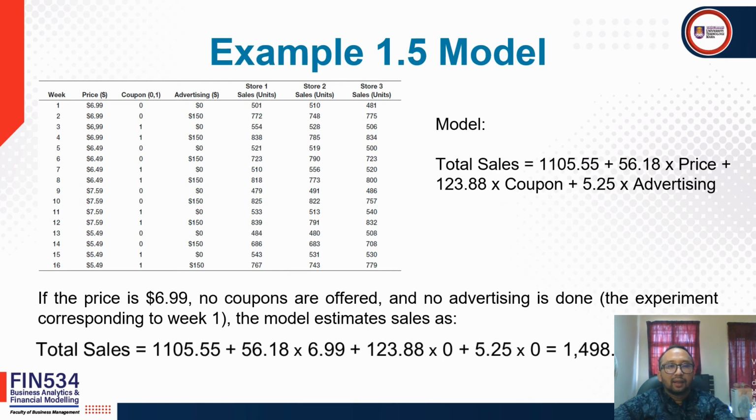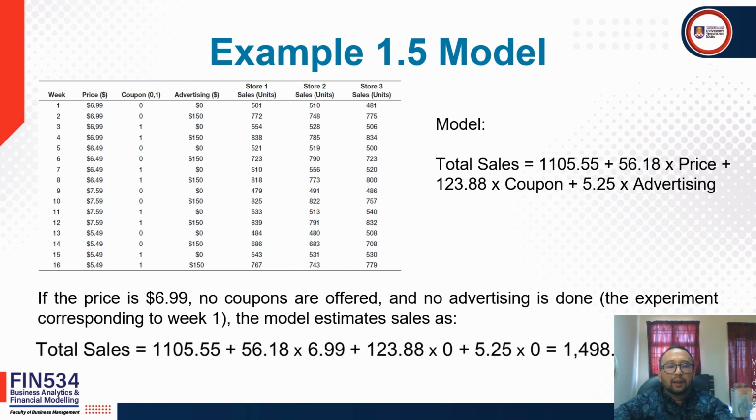So you see at week 1, the price is 6.99, coupon is 0, advertising is also 0. Then sales generated are 501, the first row.